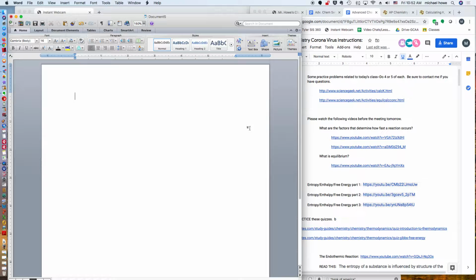I'm going to try typing on this video because it might make it a little bit more clear. Factors that affect reaction rate. The first one is the nature of the reactants. What that means is that some molecules are more complicated than other molecules, and it takes longer for the more complicated molecules to react.